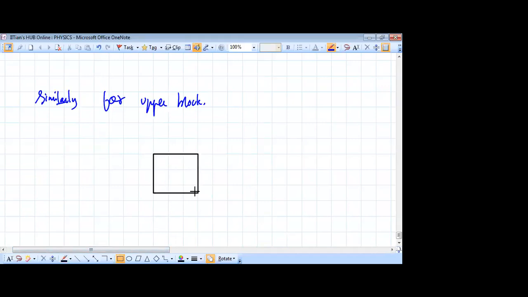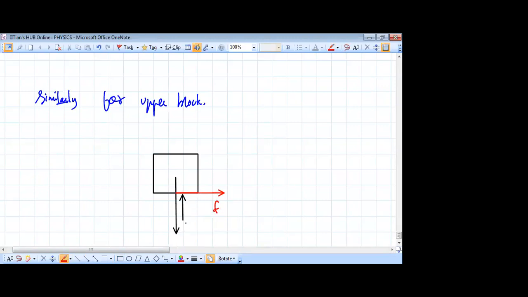There are only 3 forces acting on it. 2 vertical forces which balance, which we have already found out, weight equals this normal reaction equals 10 newtons. So this we already know. But also there is one friction which is acting on it like this. There is this friction acting on it. And that is what is giving it the horizontal acceleration.